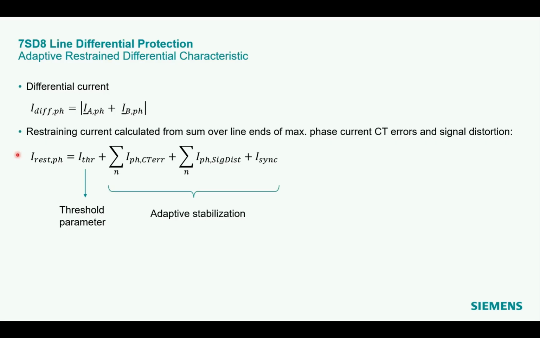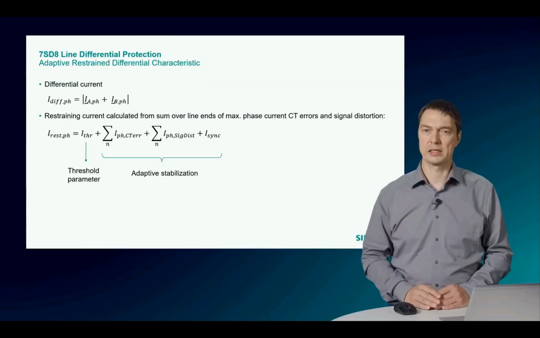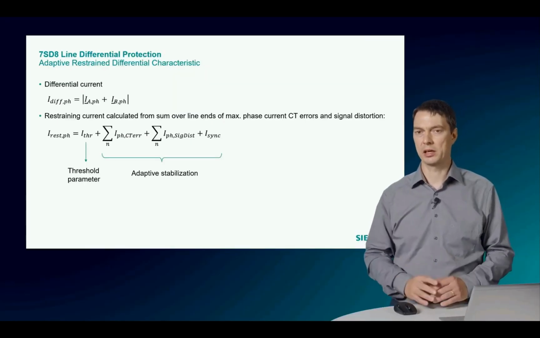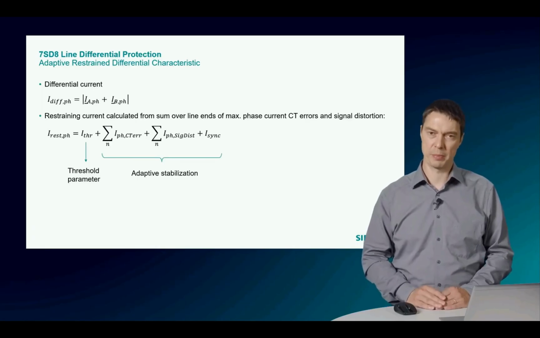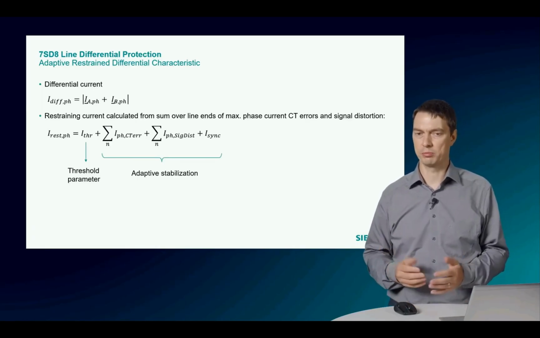The restraining current per phase is calculated from the sum over all line ends for the maximum phase CT error and the signal distortion, plus a user settable threshold for the minimum pickup and the assumed maximum channel asymmetry. The idea behind is to stabilize the differential protection as much as needed and not so static like for the dual slope characteristic. Maybe this is the biggest differentiation between these principles.